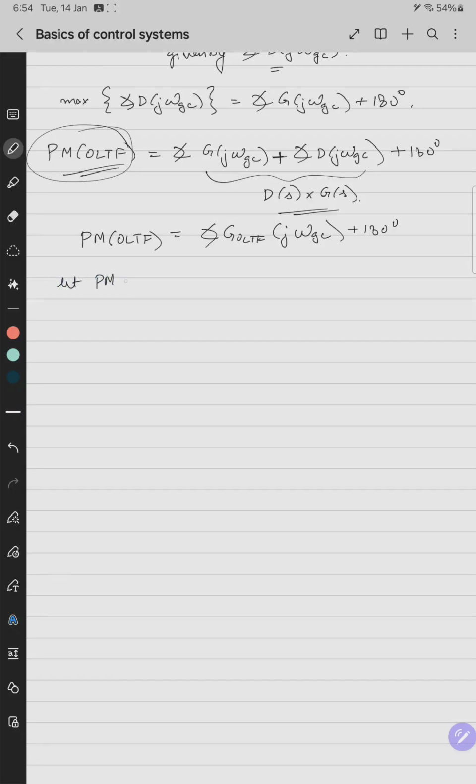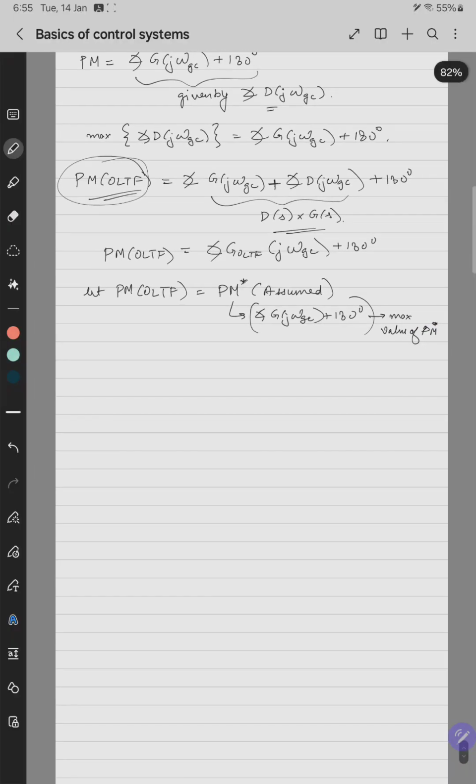I'll write PM at OLTF equals PM star, which is assumed, which is less than the angle of G at j omega gc plus 180 degree. This is the maximum value of PM star.